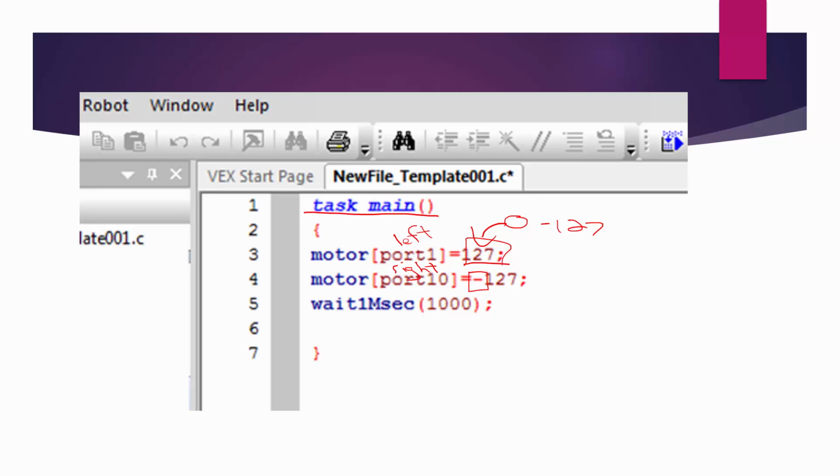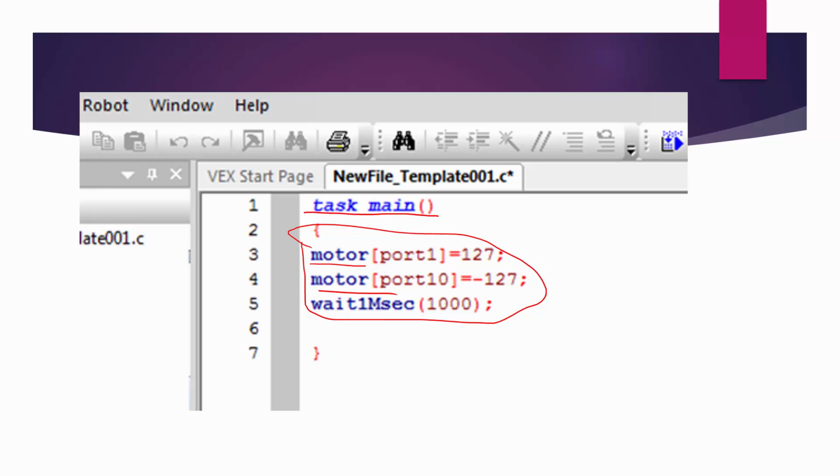Now, to make a robot function, you must put a command for both motors at all times. So you're going to have a lot of this setup, where you have these three lines of code. This one tells you the power of the motor on the left. This tells you the power on the motor on the right.